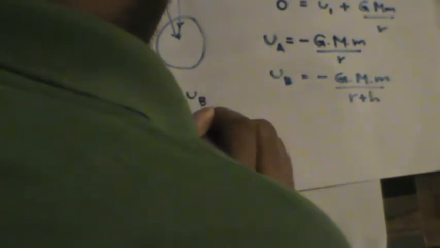So what I'll do is I'll deduct UB from UA, sorry, UA minus UB. So this is minus G capital M small m divided by R, minus, this is minus G capital M small m divided by R plus H. So this minus times minus will become positive, and I can take G times capital M times small m out of this equation.